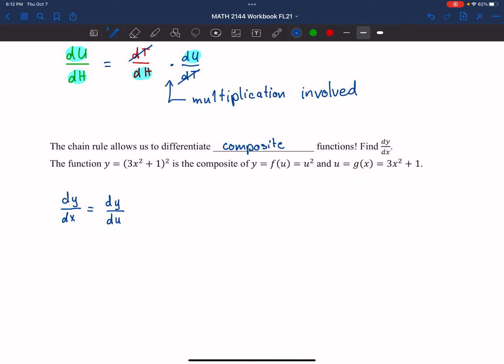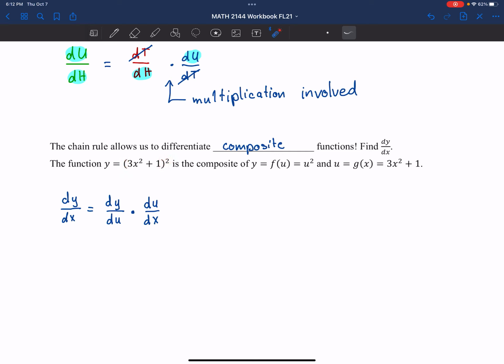We'll bring that context in a moment. And then we're going to multiply that by du dx. You can see right here we have a function y, which is a composite function. 3x squared plus 1 is our inner function, and then we have our squaring as the outer function.